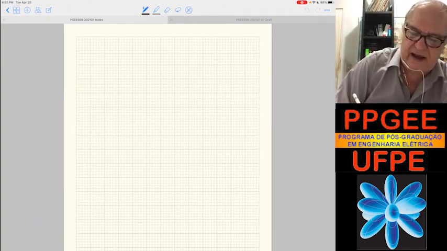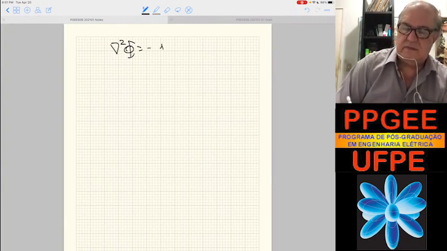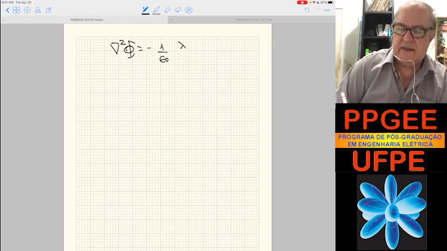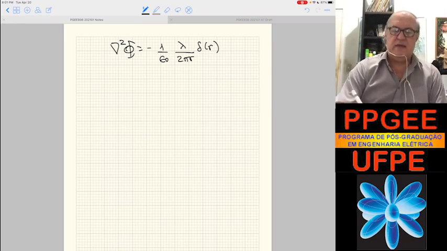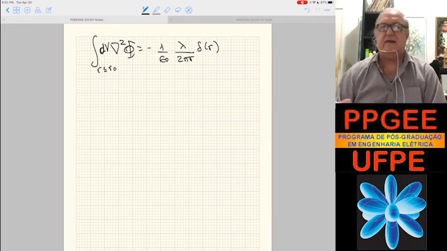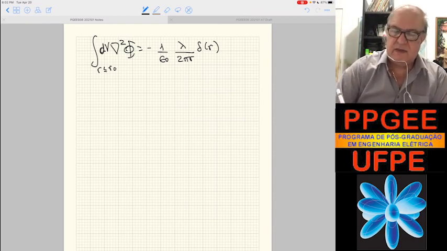Laplacian of φ equals minus ρ over epsilon 0, where ρ equals λ divided by 2π r delta of r. So what we're going to do is integrate around the z-axis. Let's say it's a volume r smaller or equal than r0.